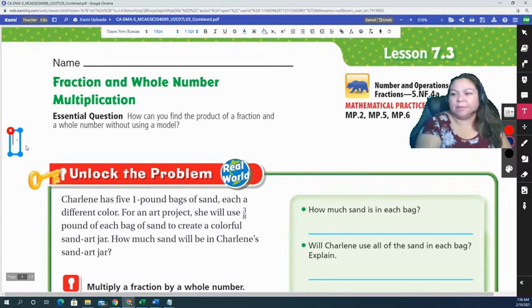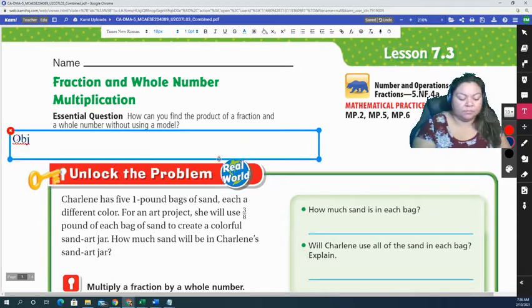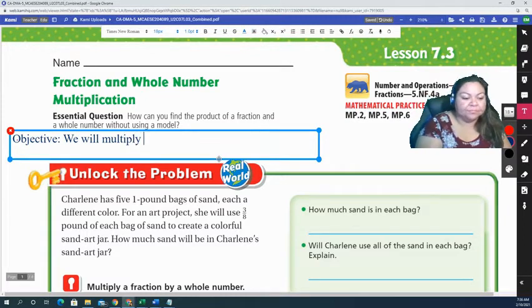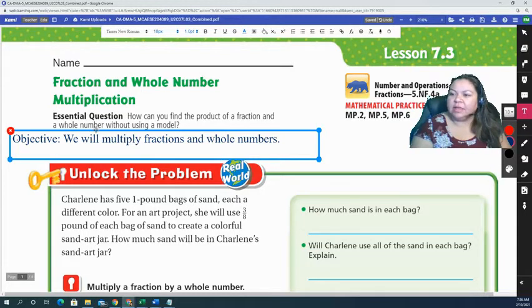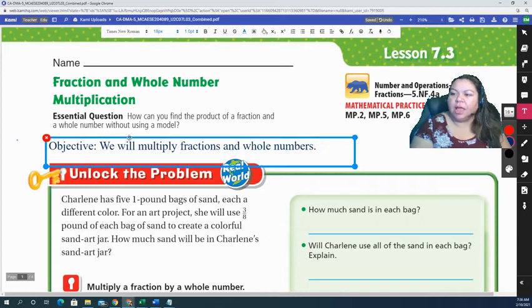We're going to start off by writing the objective. The objective of this lesson is we will multiply fractions and whole numbers. How can you find the product of a fraction and a whole number without using a model?